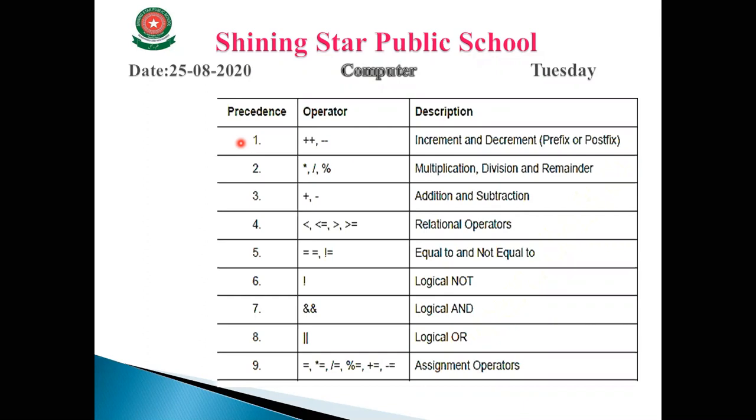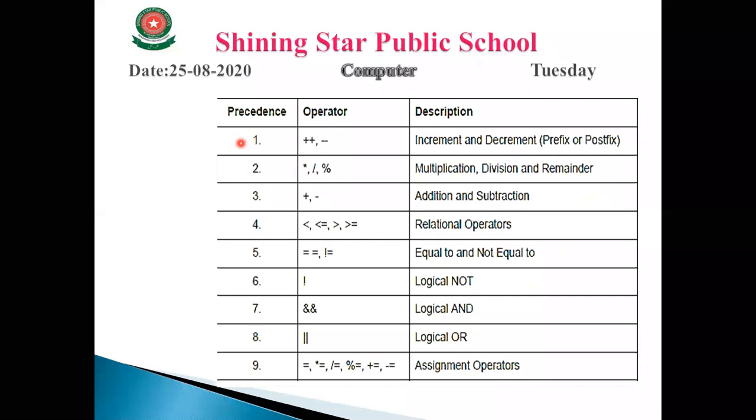After the increment and decrement operators, the next are multiplication, division, and remainder. After these, we have to solve division, multiply, and remainder. On the third step, we have to solve plus and minus.